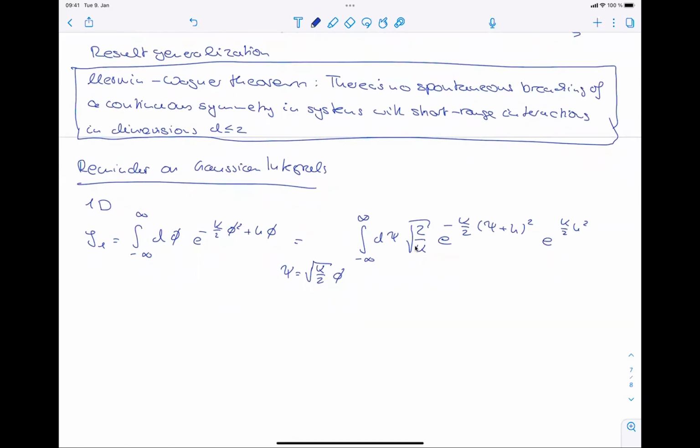And then this factor I can move to the front. It's a constant, it doesn't depend on psi. And I'm back here having a nice Gaussian integral that I know the result of. So this is then 2 pi over k, e to the k over 2 h squared.